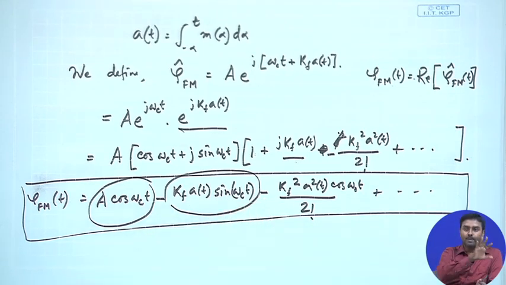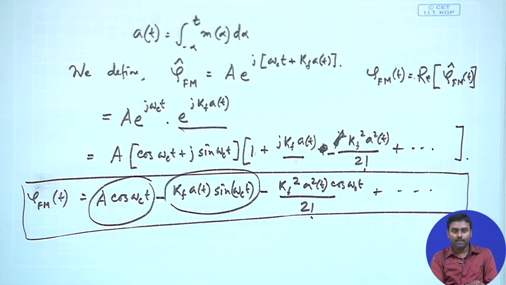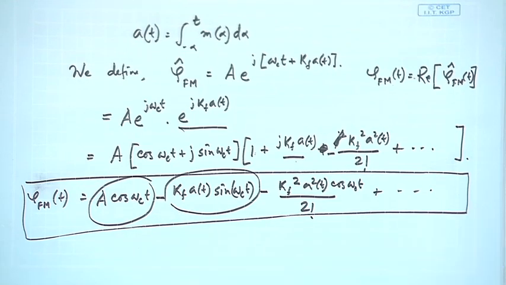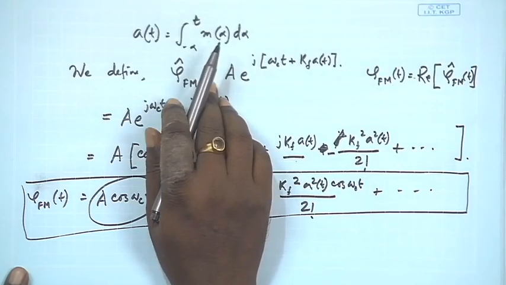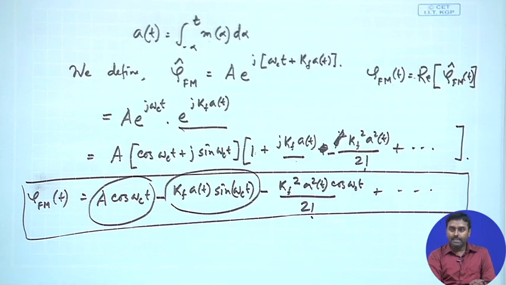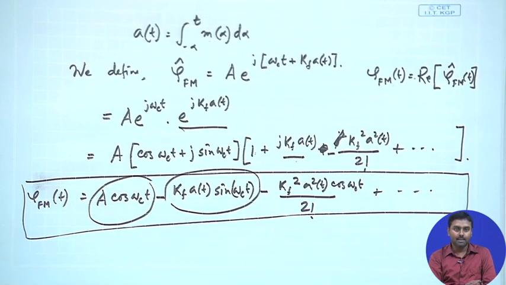But the spectrum will look the same. So, there will be a translation around omega_c which will have a band equivalent to the band of a(t). So, immediately you can see that at least FM modulation will have a band equivalent to the integration of this signal. Now, what we can also say, very carefully see, suppose this m(t) is a band limited signal.